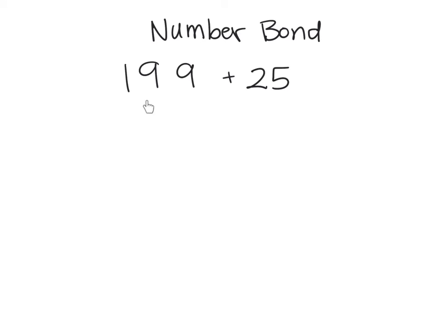Which of these two numbers is close to a benchmark number? Well, 199 is super duper close to the number 200. So how am I going to turn it into 200? I need to just add one more to 199 to get it to 200. So I'm going to take a 1 from my 25. If I were to break this number into a number bond, I could say there's 1 plus 24 equals 25.